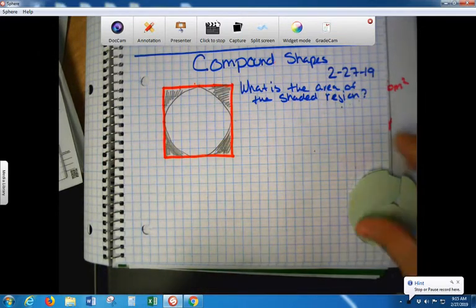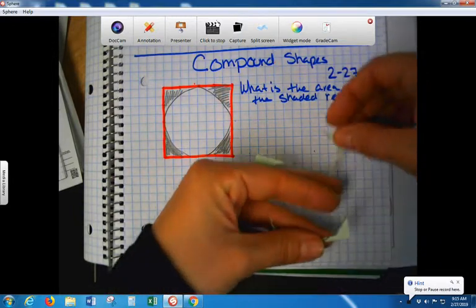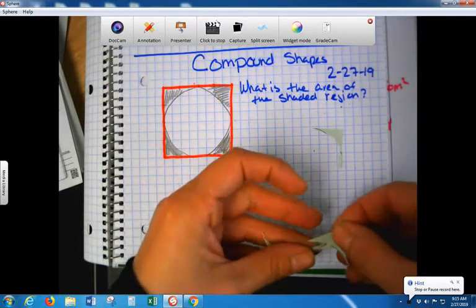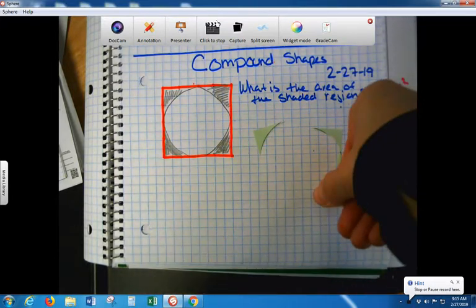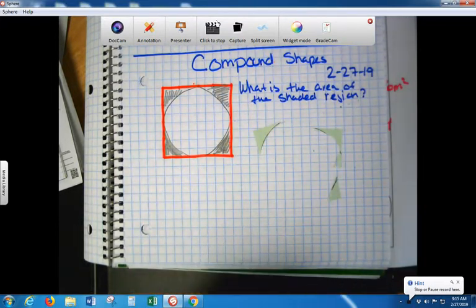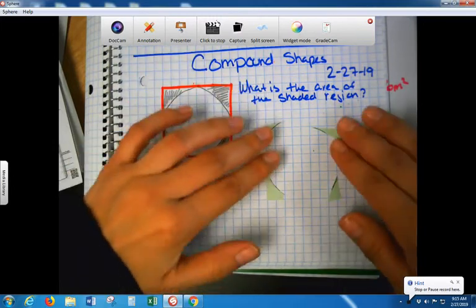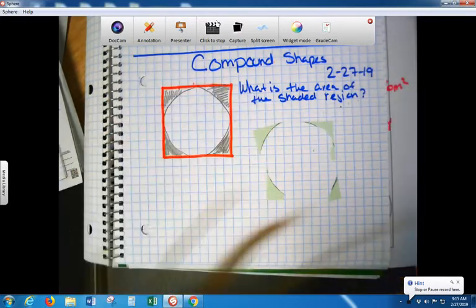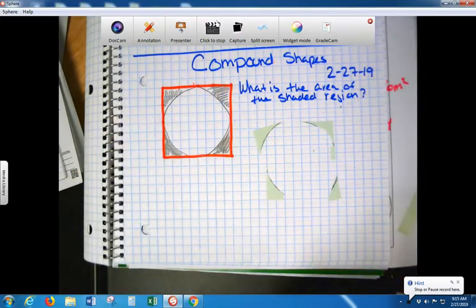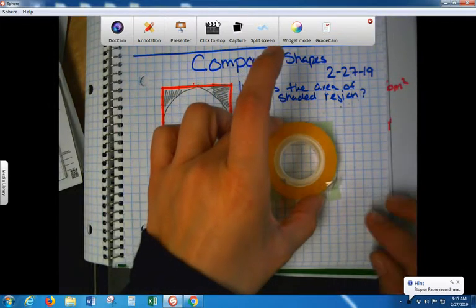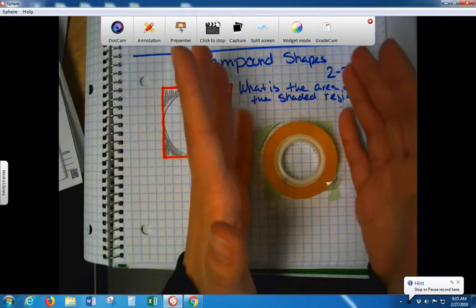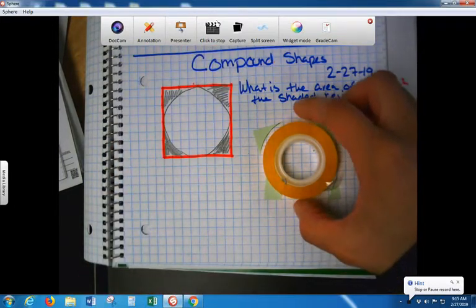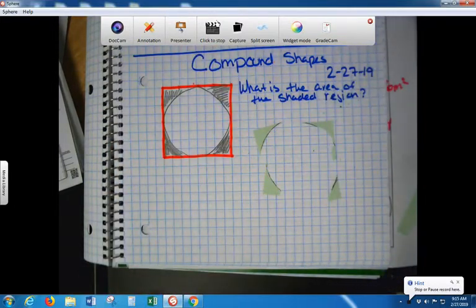So I cut out the circle, and I'm left with this. Oh, with the corners. Right, with the corners, because here is the circle that I cut out of it. You guys see it? And it was a square, but I cut it out, and I'm left with the corners. So I want to know, what is the area of this that's left over?